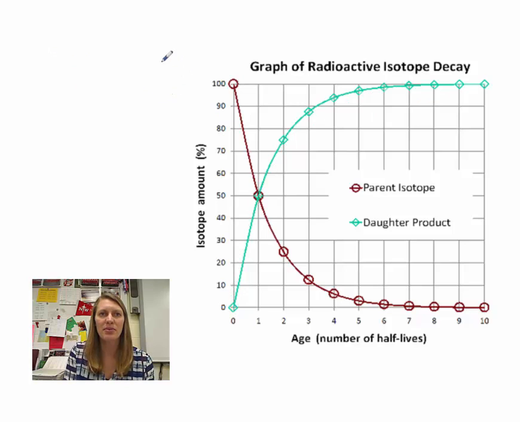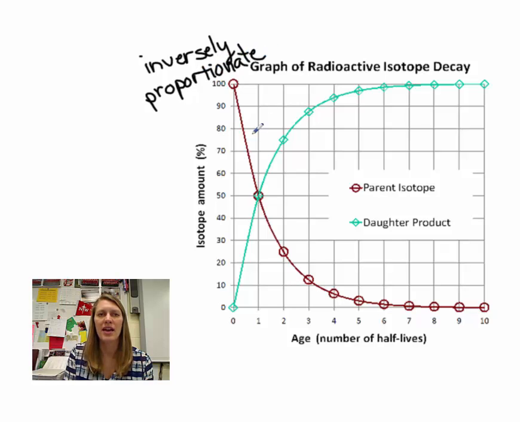And these two are going opposite of each other, and that's actually called an inverse. So these two are inversely proportionate to each other. As the one is going down, the other one is equally going up.